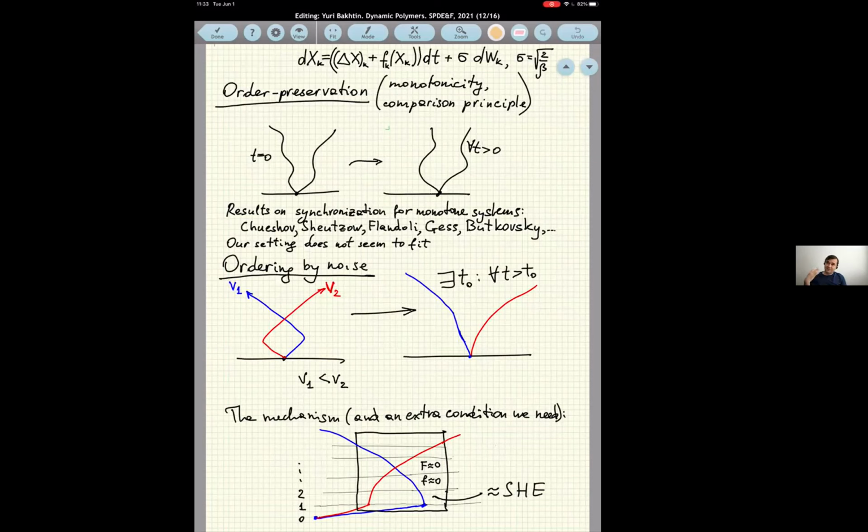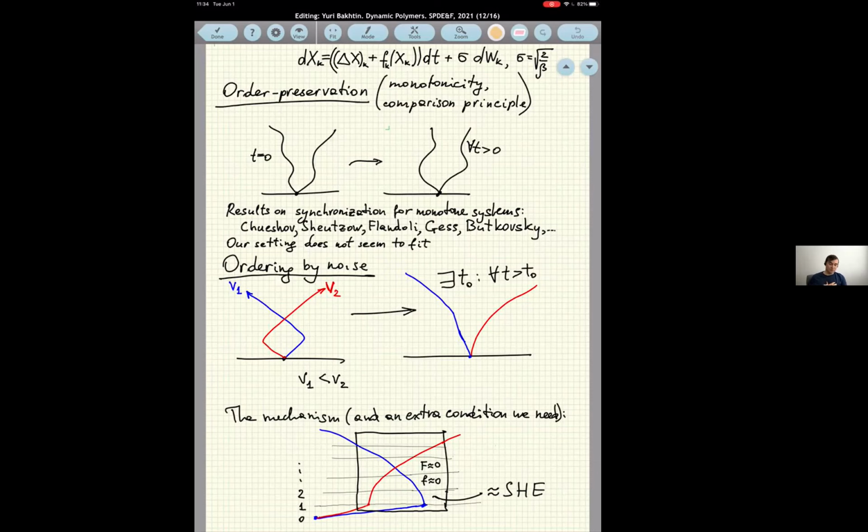And there is literature on order preserving stochastic systems, and it turns out that the conditions that people use do not work here. At least we couldn't apply them. Now there is an extra property here that is useful, and that's ordering by noise.